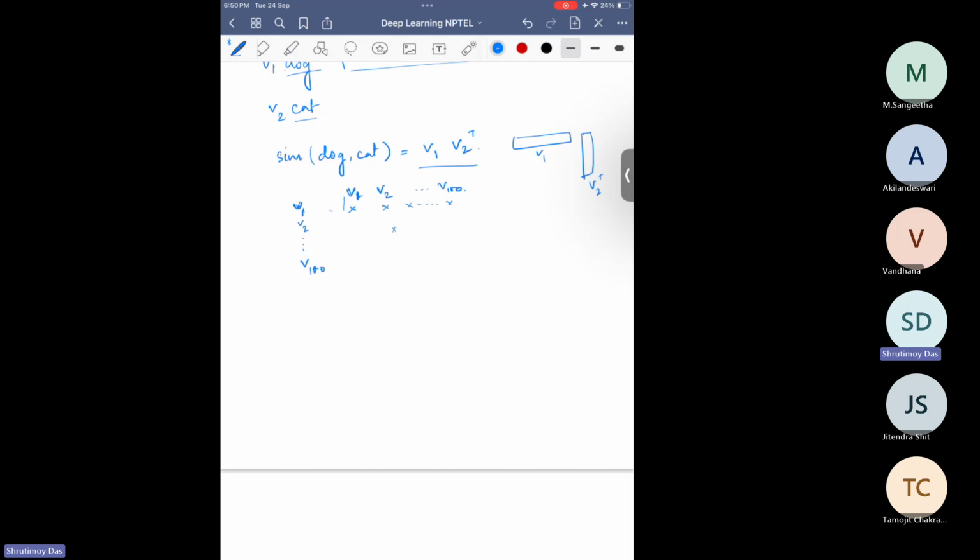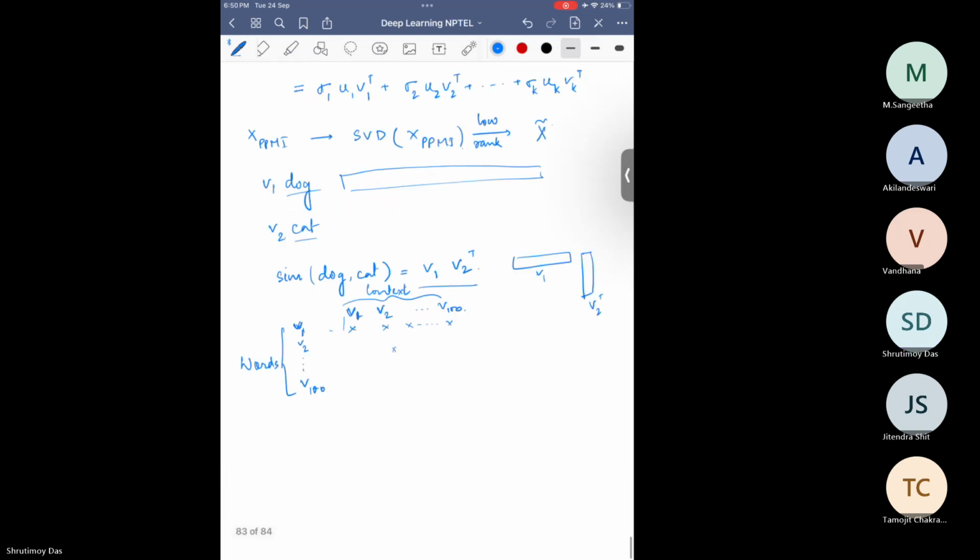We are talking about PMI, pointwise mutual information. It says what is the score of this word v1 and v2, or given this word v1, in what context is this word occurring? So these are called the words, and these are said to be the context. By context, I mean in what context is the word occurring.